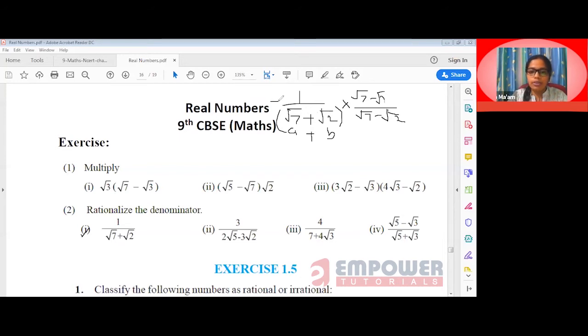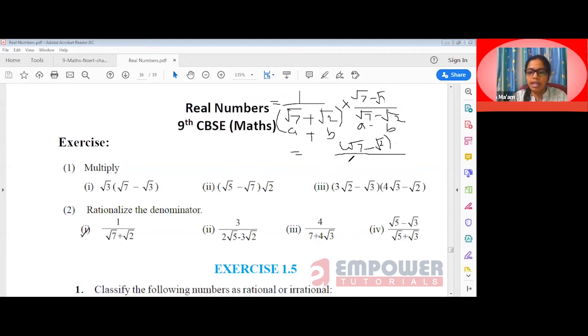Okay, so after that, in the numerator I will get something like this: root 7 minus root 2, because if you multiply with 1, you will get the same answer. Now in the denominator, this will be the a plus b form and a minus b form.